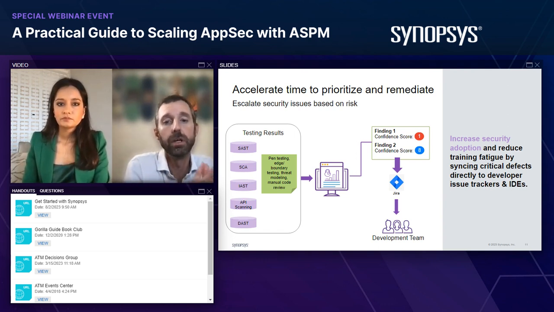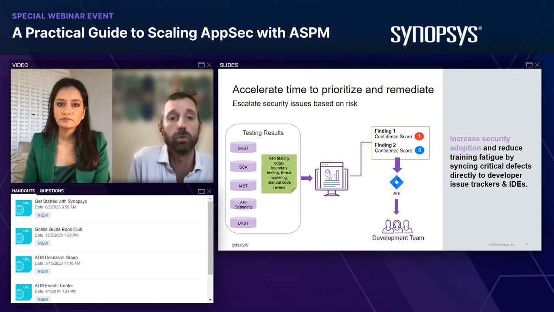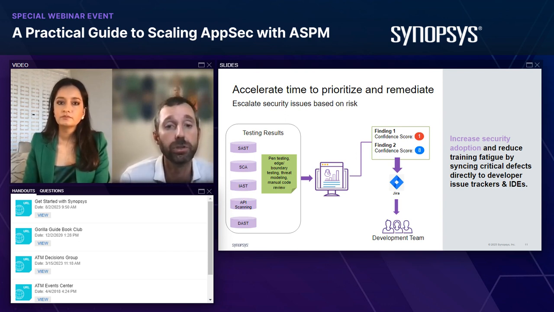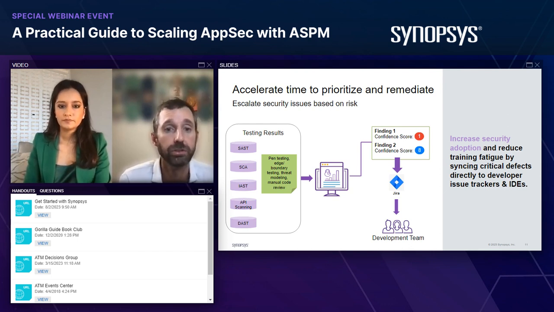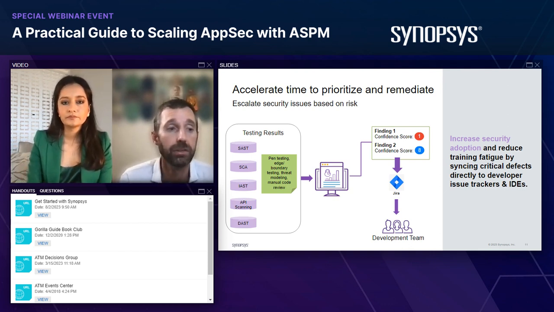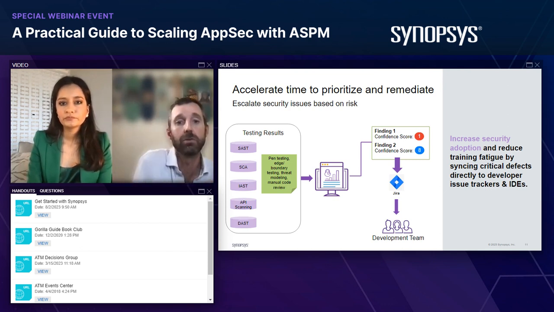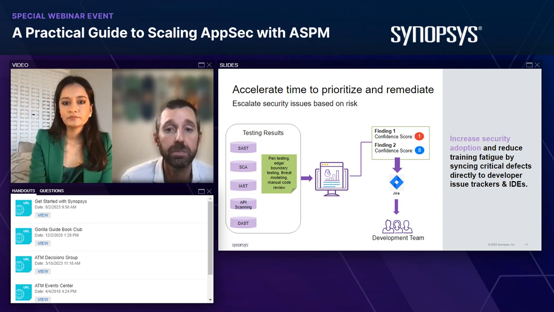So the ability to bidirectionally synchronize with a third-party issue tracking platform that may be used to track releases and development work allows the security team to know exactly what's going on, what's exactly being fixed as per policy, but allows the developers to consume the risk and triage that either in their IDE or their issue tracking platform, and then mark that as to do, doing, done, whatever the actual statuses are. And then we can track that in the ASPM solution.